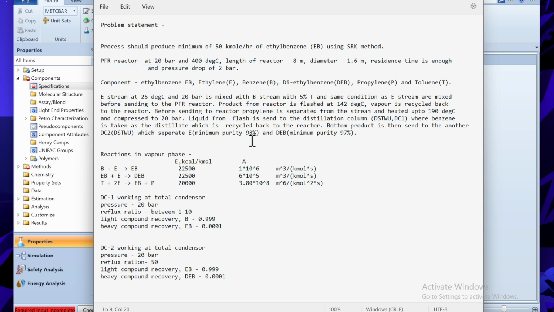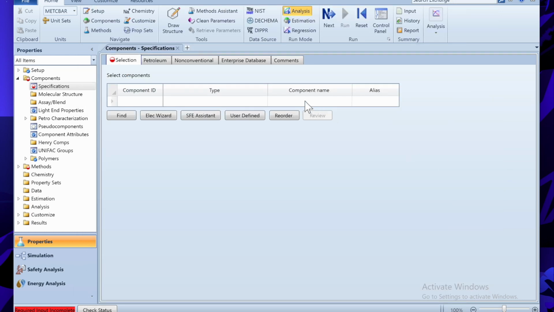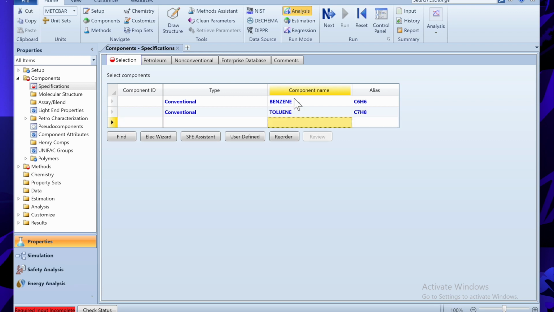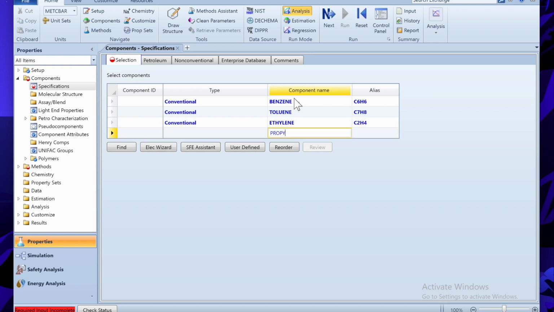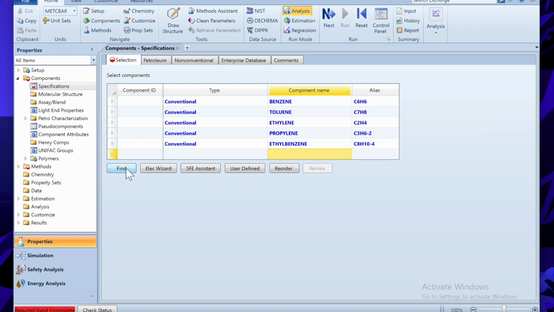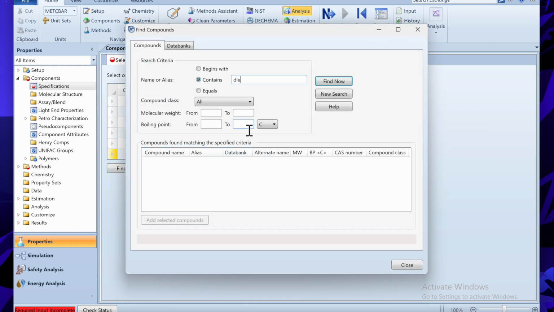So let me go to the Aspen Plus environment. The first thing you have to give is the components. So benzene, toluene, okay, then ethylbenzene, then the last one is diethylbenzene.